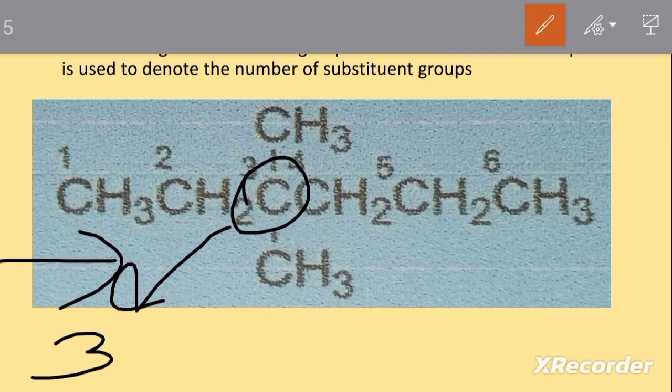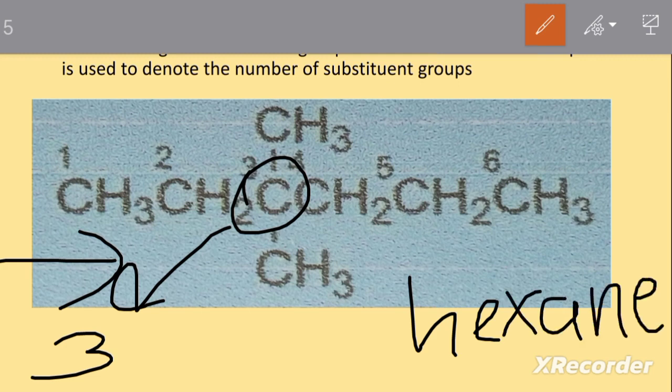So 1, 2, 3, 4, 5, 6: 6 carbons are there in the longest carbon chain. As there are no double bonds or triple bonds, this is hexane.